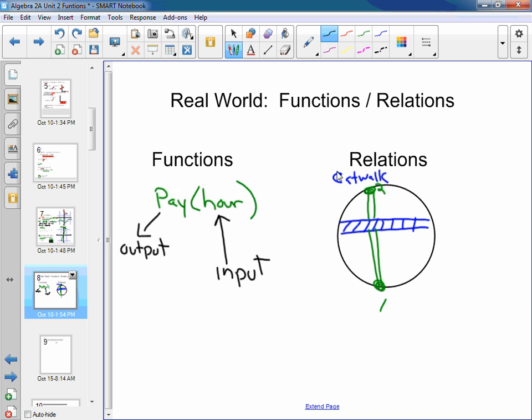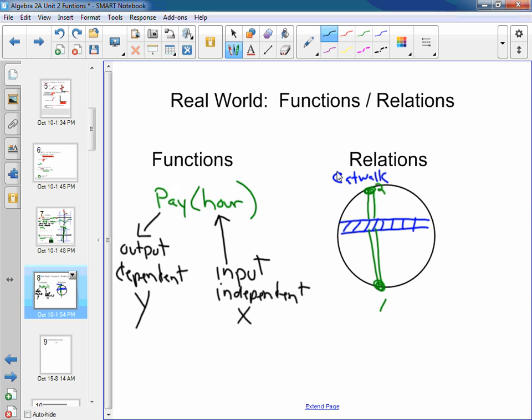However many hours you work, your pay depends on the hours. So your pay is your dependent variable. When you write it in this notation, the dependent goes on the outside and the independent goes on the inside. The independent is your x variable and the output is your y variable.